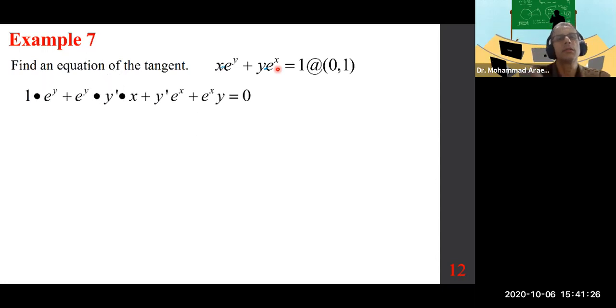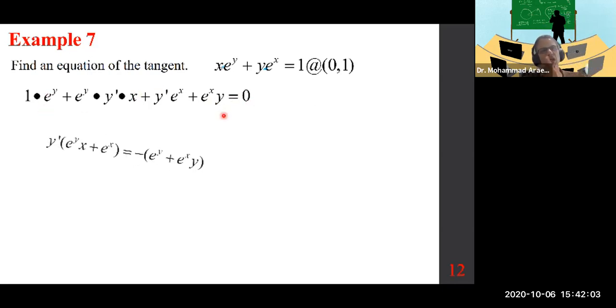So one more time. X gives you 1 times e to the power of y. E to the power of y gives you e to the power of y, y prime, and then times x by the product. Y gives you y prime times e to the power of x. And then e to the power of x gives you e to the power of x times y. All you have to do is solve for y prime. That means you are going to keep this and factor out the y prime. You want to move this, becomes negative. You want to move this, becomes negative on the other side.